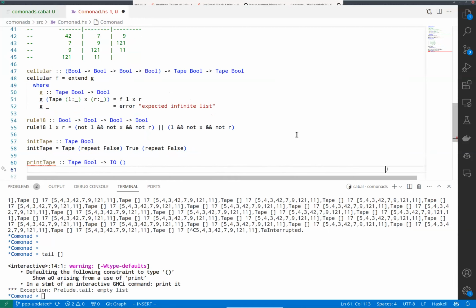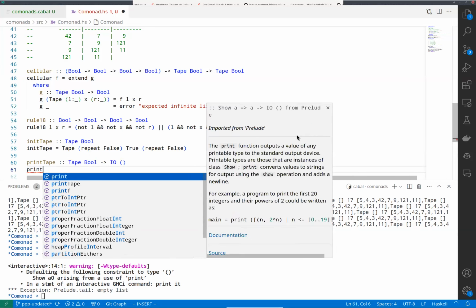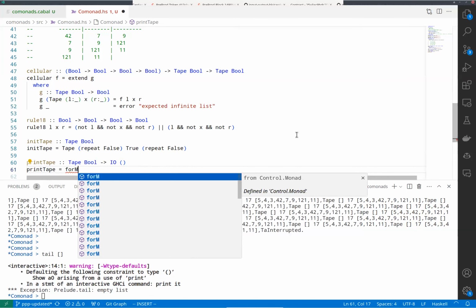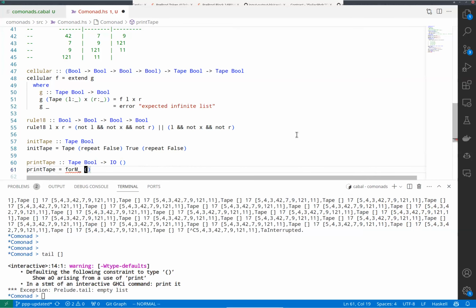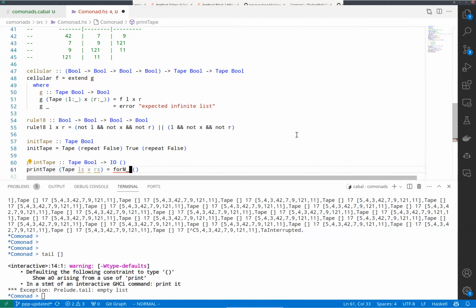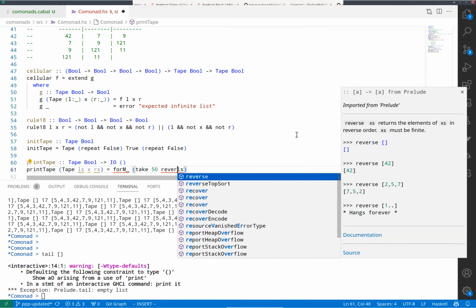Let's say 120 columns, so I take 50 on the left, the one in the center, and 50 on the right. Let's take tape lefts, X, rights. I take 50 of the lefts, but I must reverse it, of course.